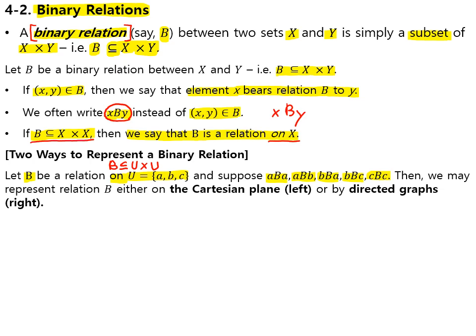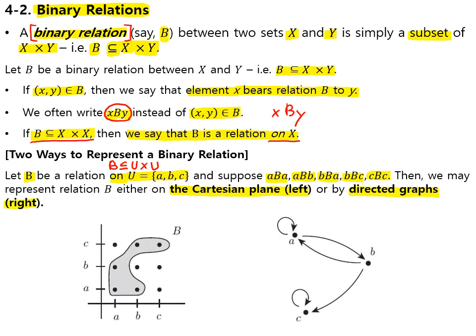Then we may represent this relation B either on the Cartesian plane or with directed graphs on the right. So here it is. Both pictures are representations of the binary relation B. All of these dots here, the 9 dots, represent the Cartesian product of U against itself.